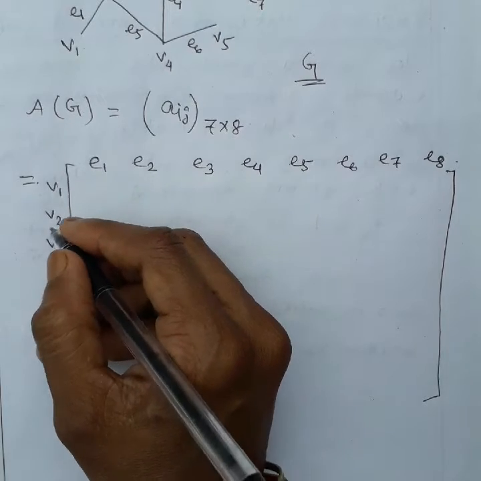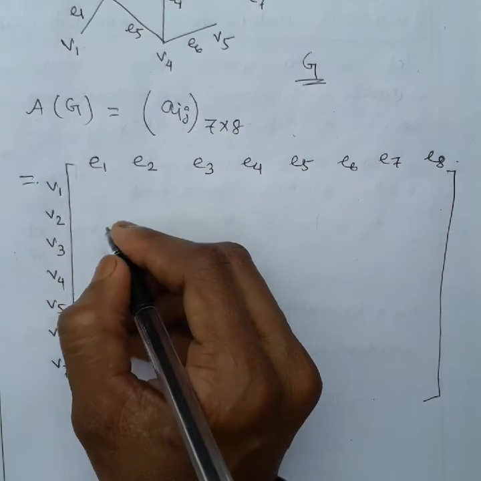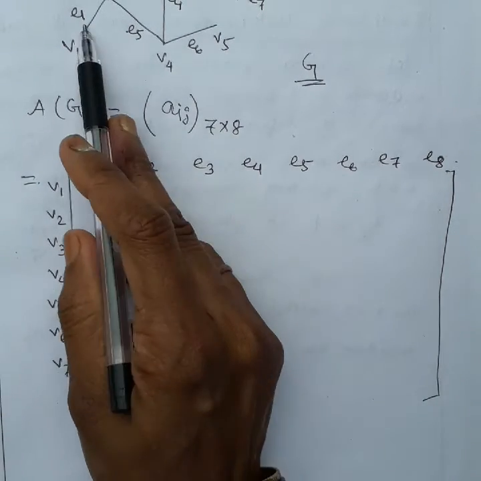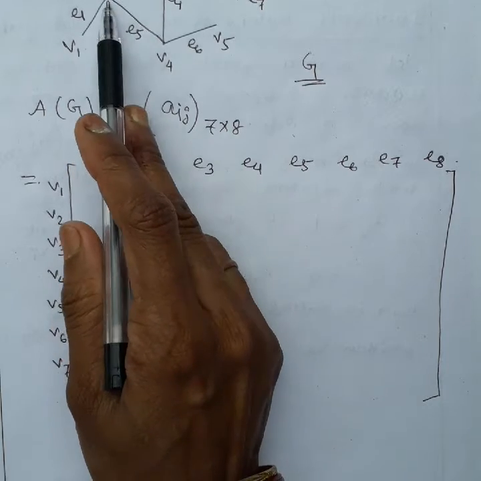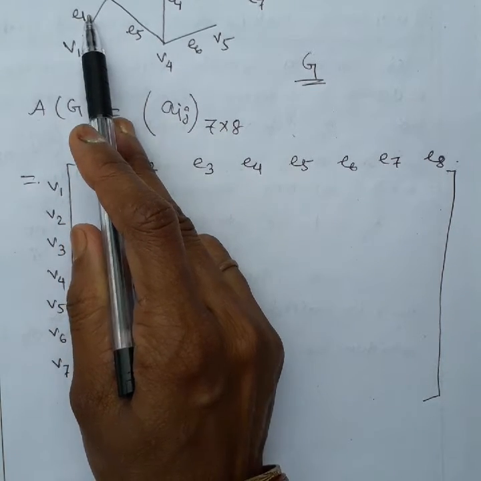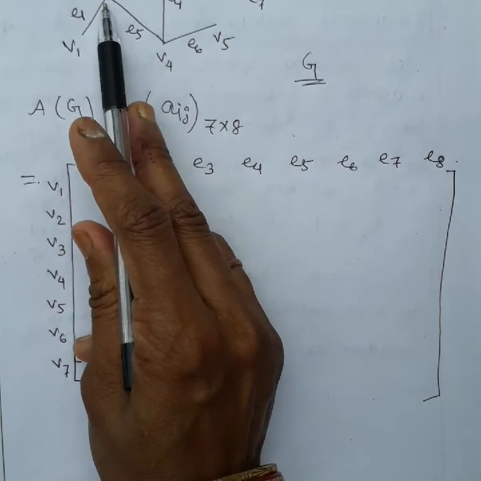First we take the edge E1. E1 is connected with the two vertices V1 and V2. That means E1 is incident to the vertices V1 and V2.